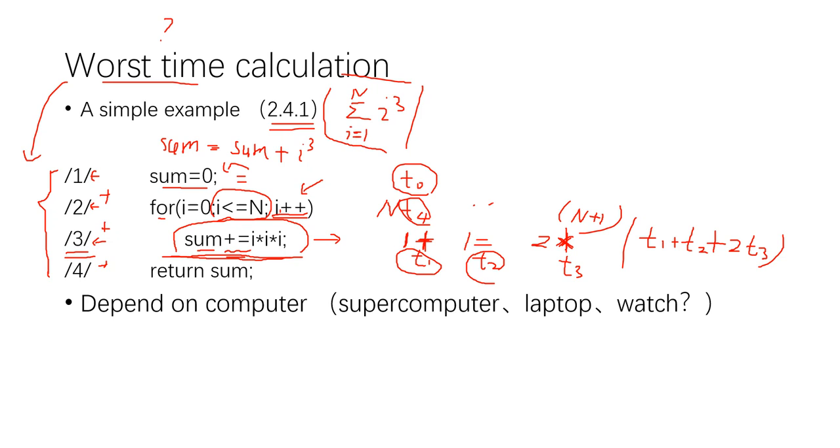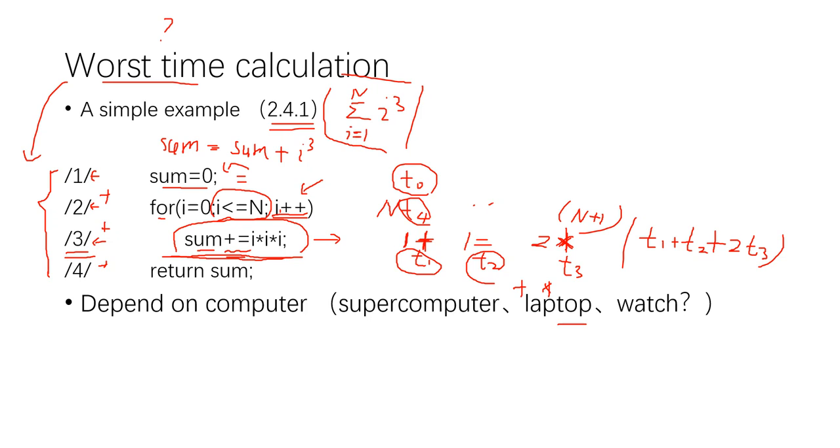If you use a supercomputer, like from Microsoft or Google, it may be very fast. If you use a laptop, it will be much slower at calculating a plus or a multiply, and you can even use a watch. Nowadays a watch can do calculation, but it will be much slower.